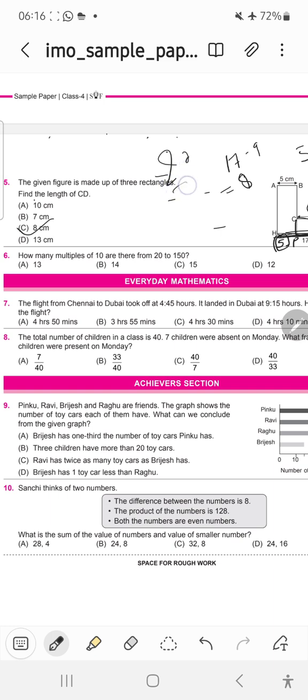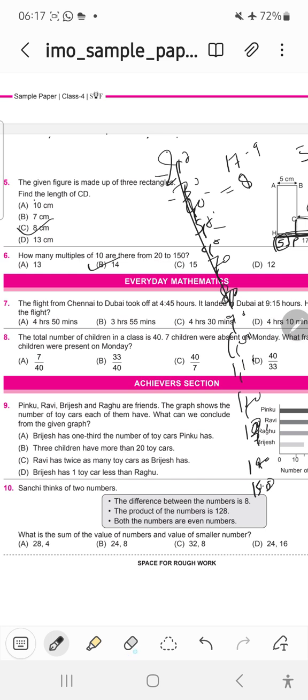So 20, 30, 40, 50, 60, 70, 80, 90, 100, 110, 120, 130, 140, 150. You just count all these numbers: 1, 2, 3, 4, 5, 6, 7, 8, 9, 10, 11, 12, 13, 14. So you go for this one. I think you got the answer.